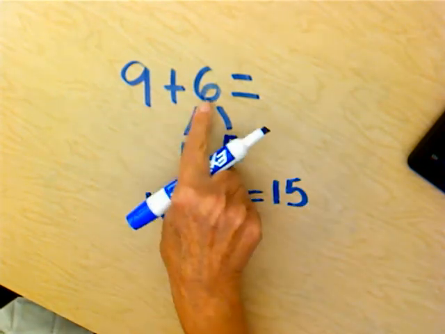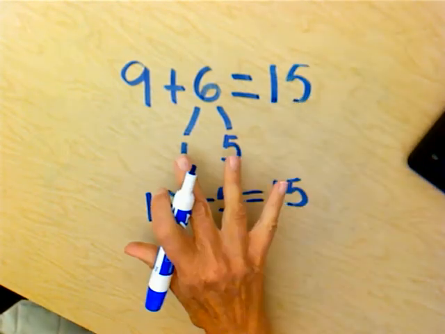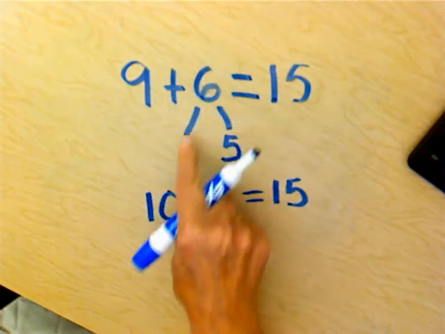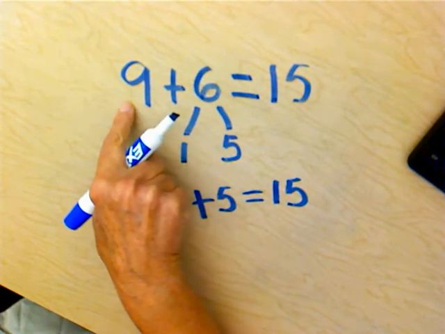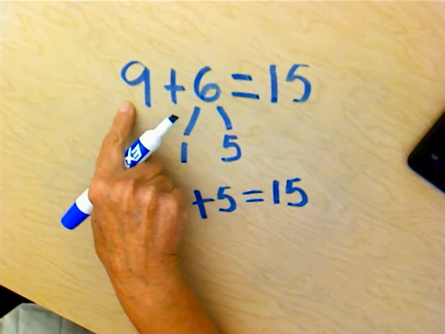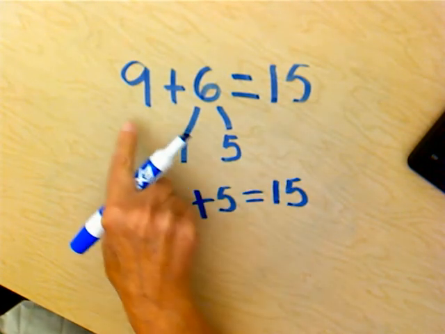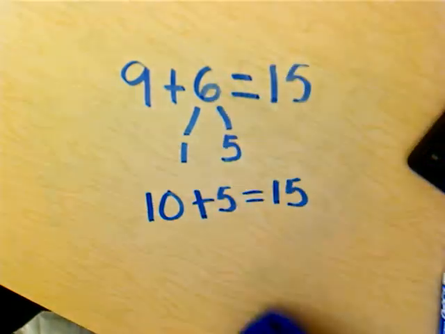Therefore, 9 plus 6 is 15. All right, so I just did that by trying to figure out how to make a group of 10 quickly. So I took 1 away from the 6 and added it to the 9 so I could get 10, and then it's very easy to add 1s and 10s, as we saw in 10 plus 5 is 15.